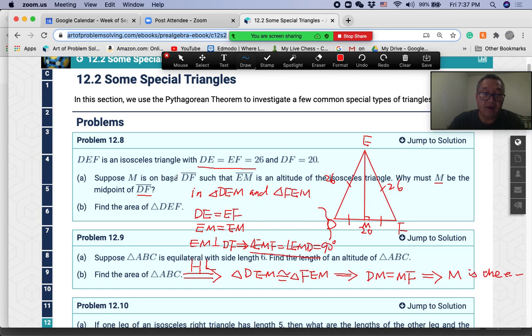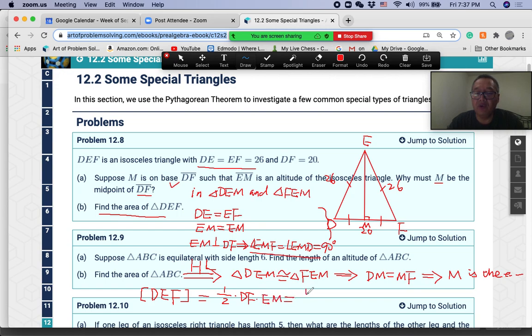Now let's see B, find the area of triangle DEF. For the area we use the square bracket of DEF, which means the area of triangle DEF, equals 1/2 times base DF times EM.